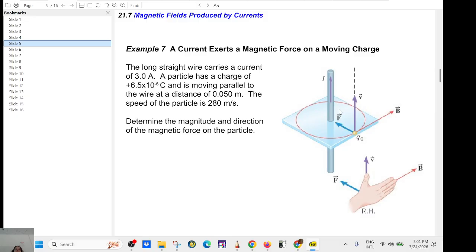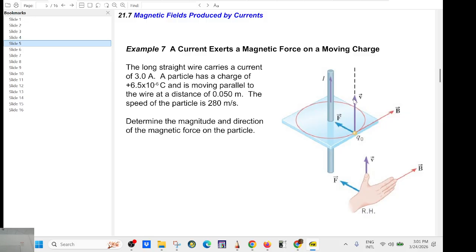Okay, so it's a 2 step problem. First, you find the magnetic field produced by a current, and then you find the magnetic force. You have a positive charge placed there, the magnetic field from the wire, and the charge is moving this way.